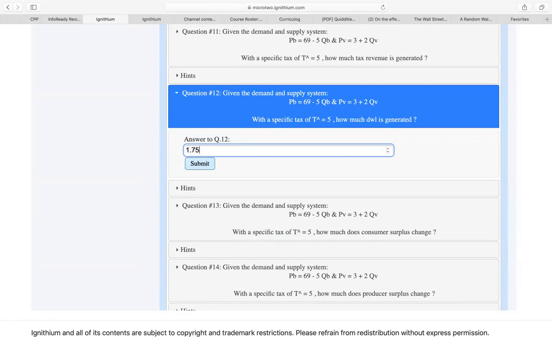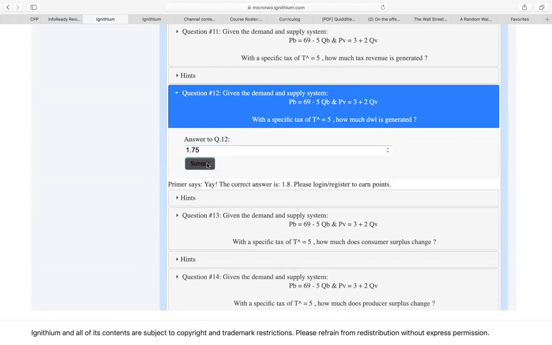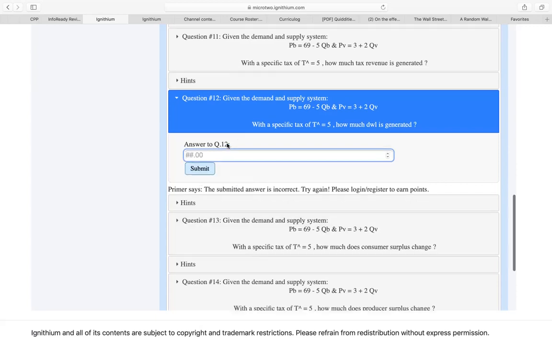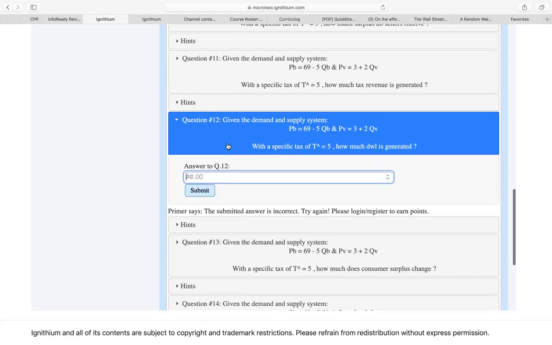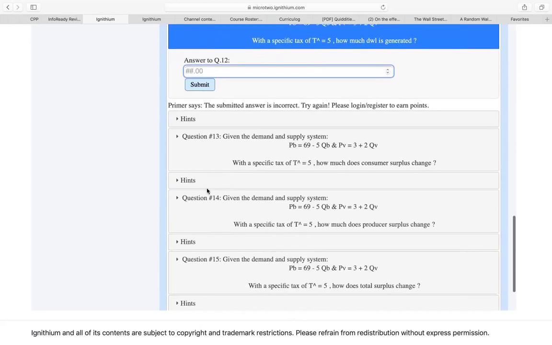If I put in 1.75, I'm still getting the right answer. And now I'm too far off. Okay. So in other cases, you could be off by a tenth and it's a small percentage of a big number like 20 and it won't matter. But once the number gets to be around 2, then the precision gets tighter. So you want to be careful about that.